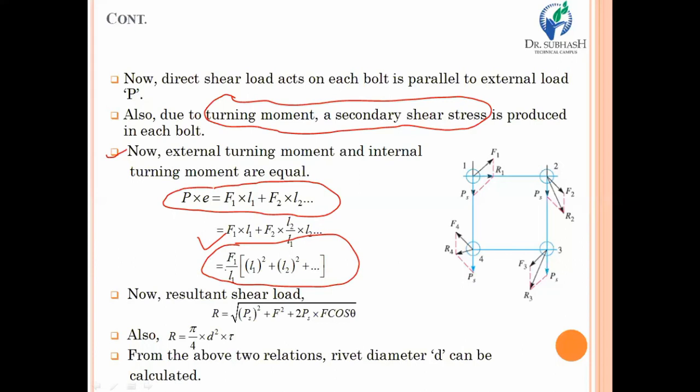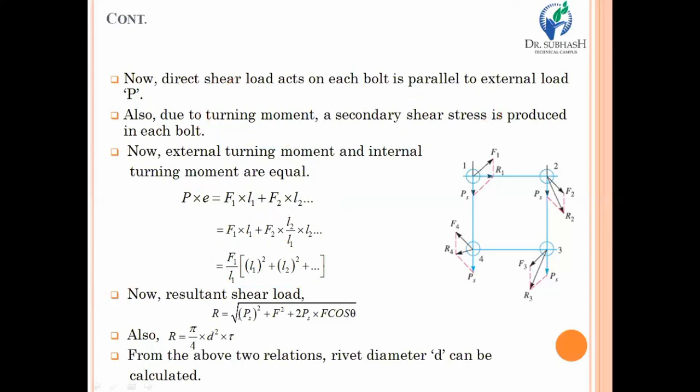Now, as we know, there are basically two kinds of forces acting. One is the direct shear load, and the second is the secondary shear force or stress due to the turning moment acting due to the external loading P. So over here, due to those primary and secondary shear loadings, you need to calculate the resultant. The resultant will give us the square root of Ps square plus F square plus 2 Ps into F cos theta.